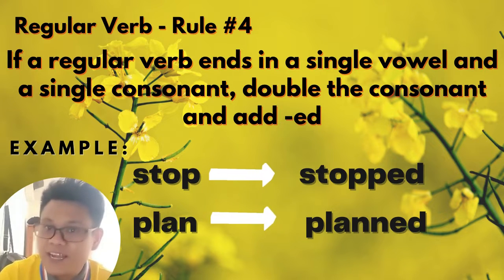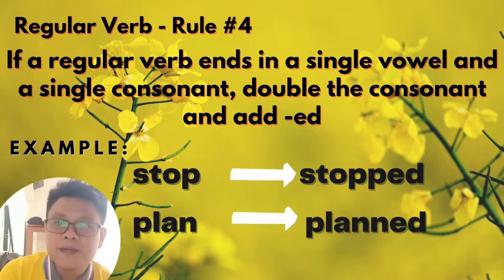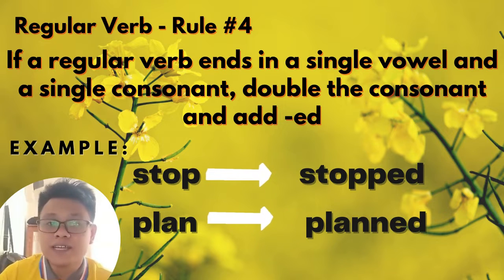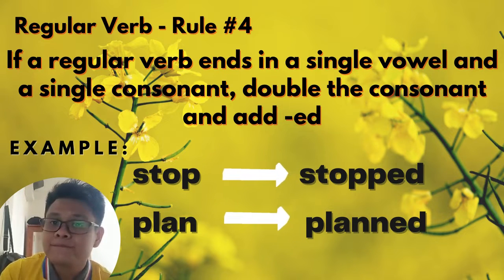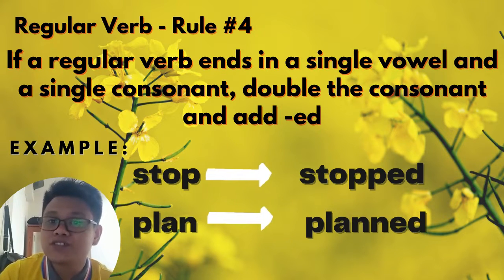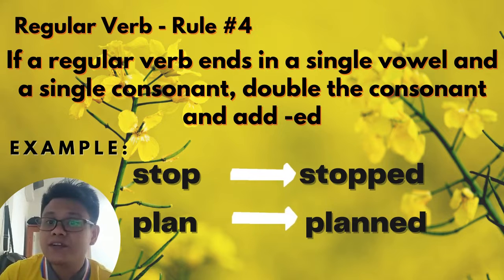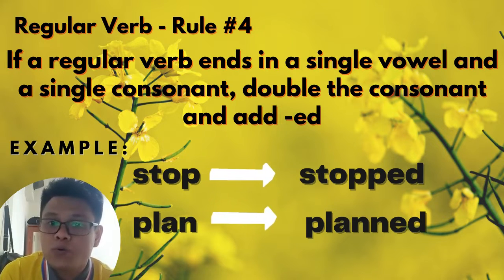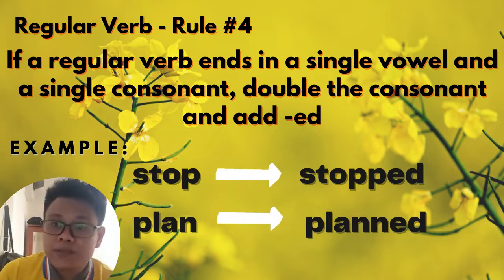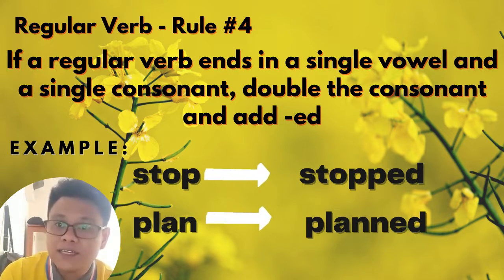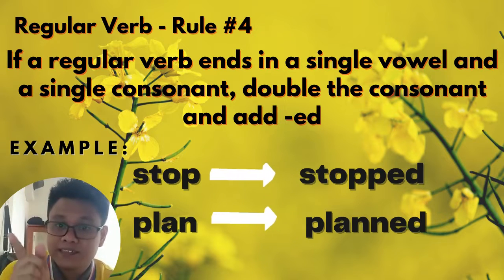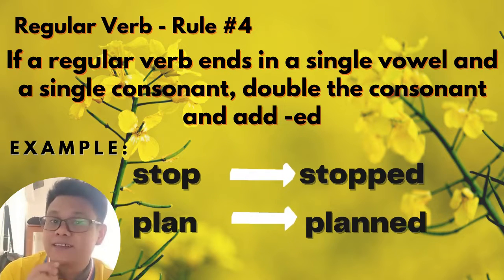For example, stop, stopped. As you can see, the consonant is the letter P, and there is a single vowel which is letter O. So it will become stopped. You add another letter P, so there are two letter P's in the word, and add ed.